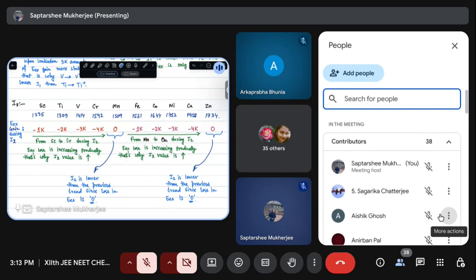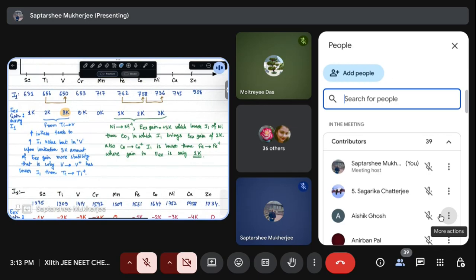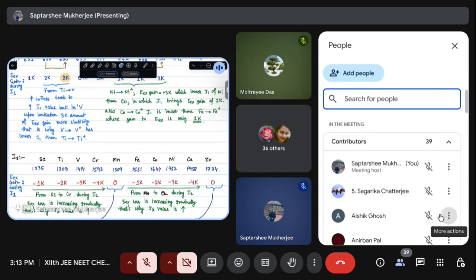That means the second ionization energy variation is much more systematic, or the first ionization energy variation is much more systematic. Can you tell me why the first ionization energy change was little, whereas in second ionization energy the change is quite drastic?